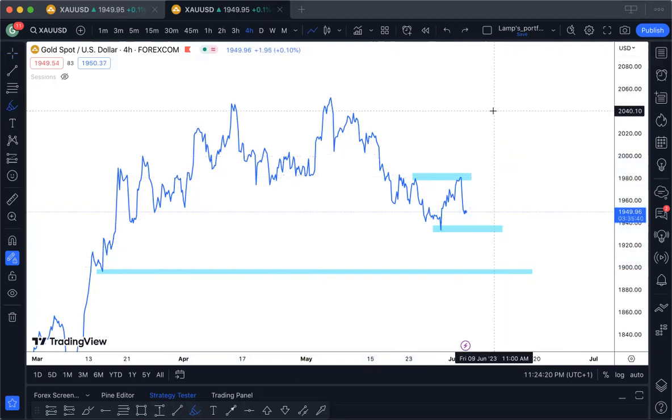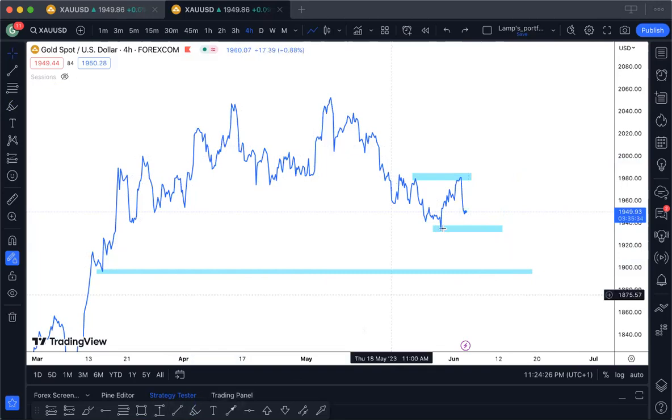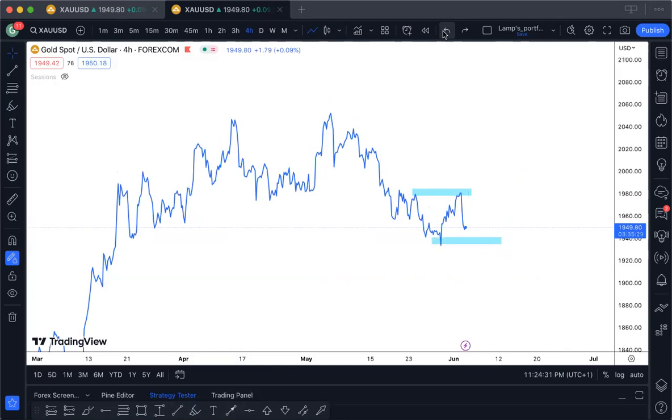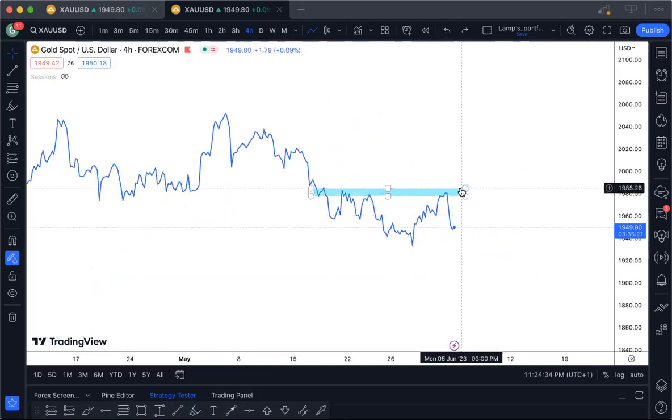So let's move. One thing I noticed is that let me clear all this.